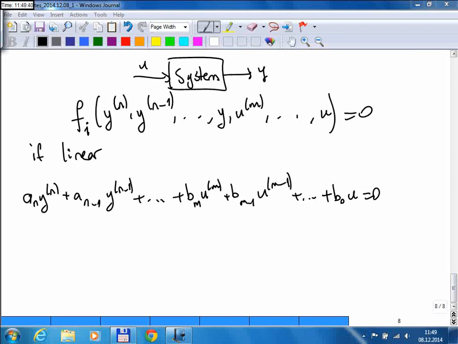We said first, if our system is linear, then the differential equation is actually in this form. It's a linear differential equation, and then we can take the Laplace transformation of this equation and obtain a transfer function.